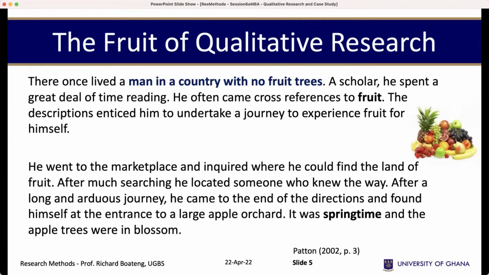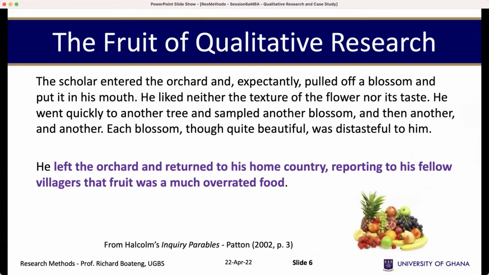After much searching, he located someone who knew the way. After a long and arduous journey, he came to the end of the directions and found himself at the entrance of a large apple orchard. It was springtime, and the apple trees were in blossom. The scholar entered the orchard and expectantly pulled off a blossom and put it in his mouth.